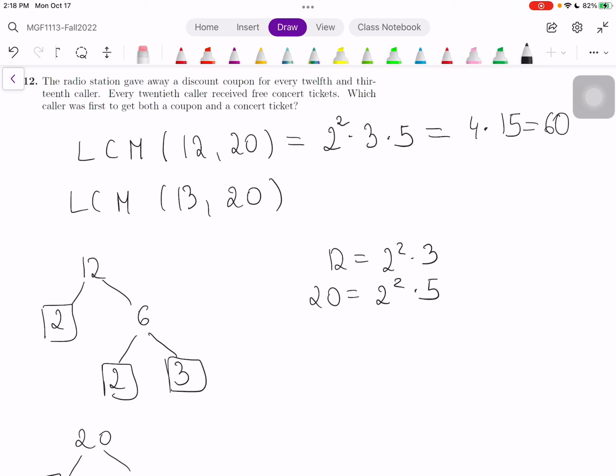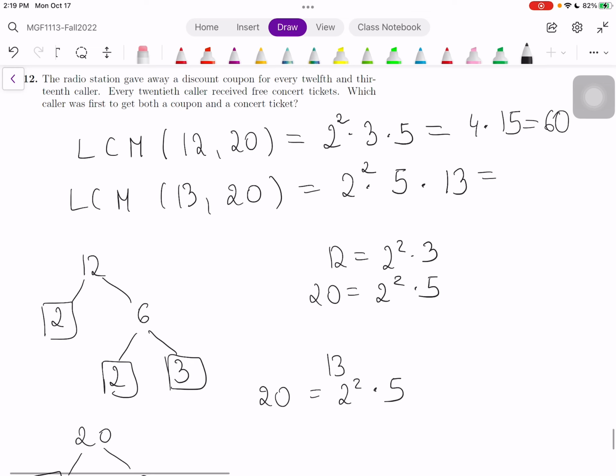But what about in case of 13 and 20? Well, 13 is already prime, so 13 is its prime factorization, so you don't do anything, right? It's already there. And 20 is 2 squared times 5. So if you look at the least common multiple of 13 and 20, you record all prime bases you see: 2, 5, and 13. And if it appeared with two different powers, you would go with the bigger power. But here, we didn't have that problem.